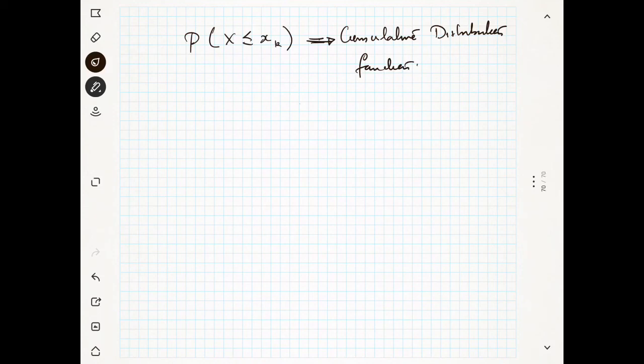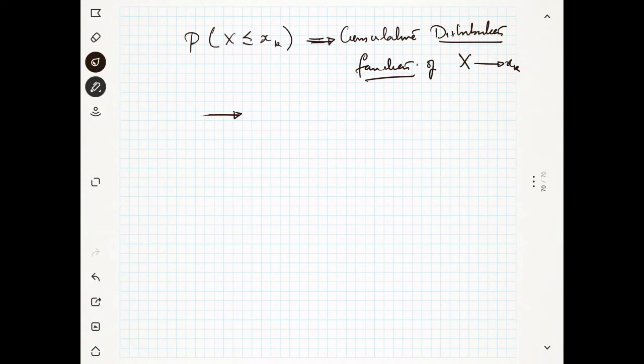Okay, this is the distribution function. So this is the cumulative distribution function of the random variable x, where x takes the value xk. This symbol is denoting takes.